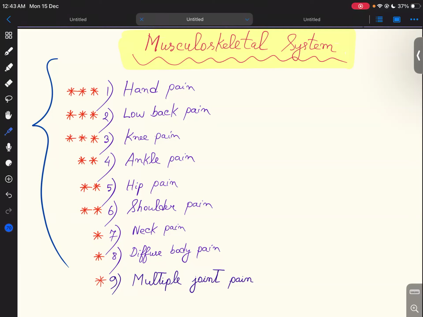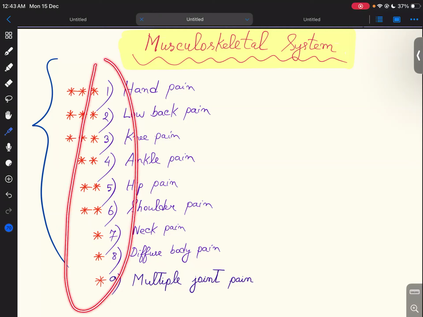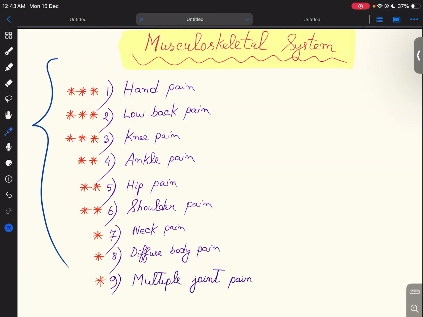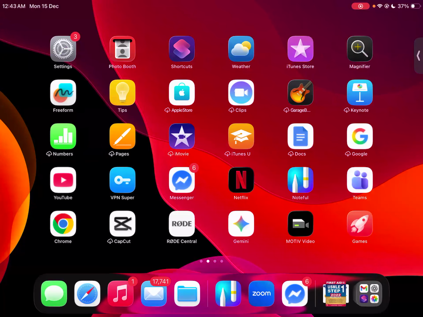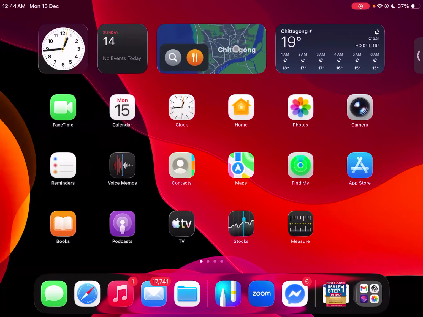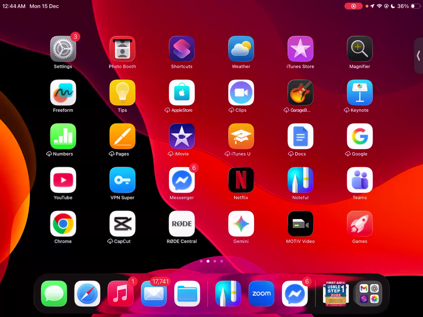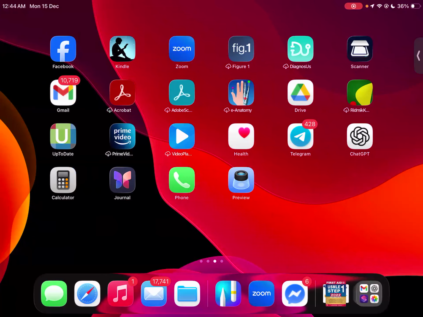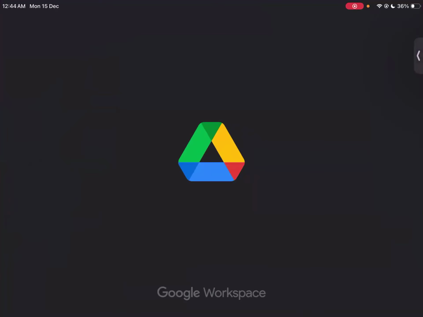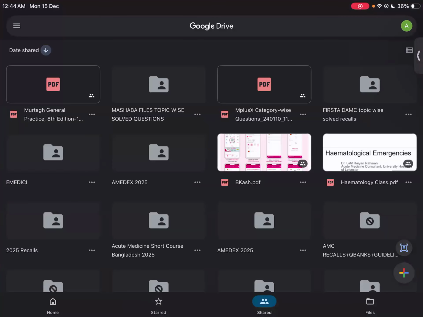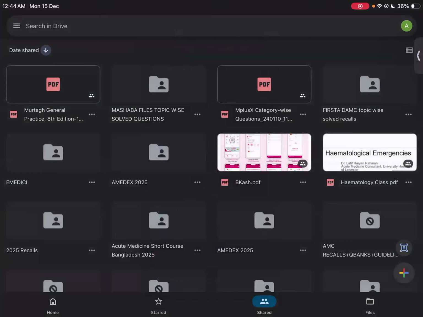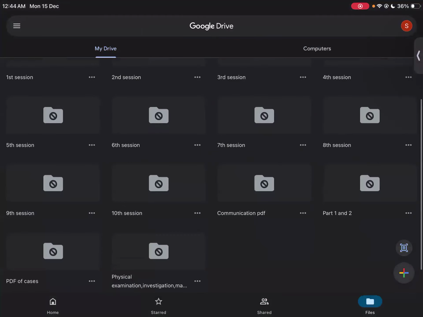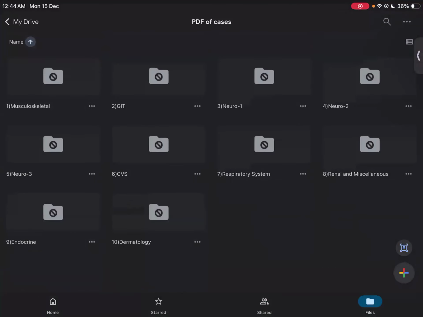First you have to complete taking the preparation for each prompt. Then, let me give you some examples of the cases. So these are the examples.